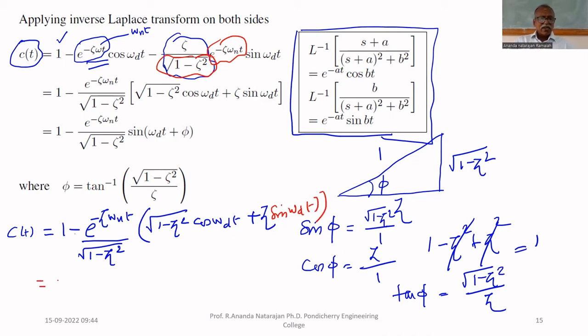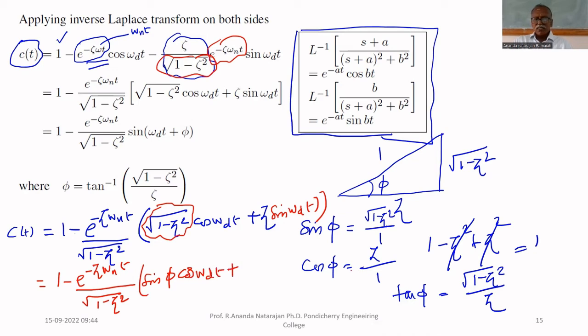So now we can write 1 minus e power minus zeta omega nt upon square root of 1 minus zeta square. The square root of 1 minus zeta square is sin phi, so we can write sin phi cos omega dt plus, instead of zeta, cos phi sin omega dt.